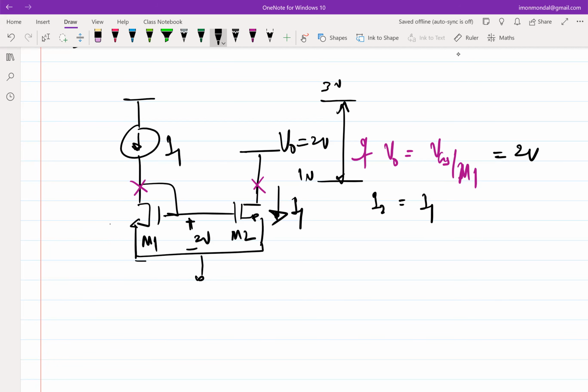I haven't given you the expression, obviously. Yeah, lambda times that delta VDS, that is correct. But can I also say that the output voltage change is 1 volt, so if I say that delta VDS is 1 volt, the current change is GDS times delta VDS?